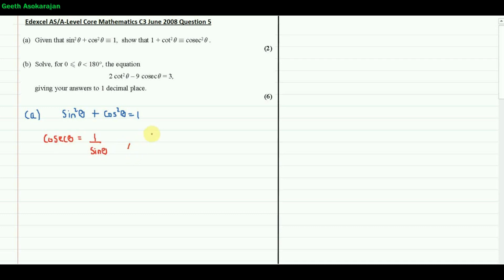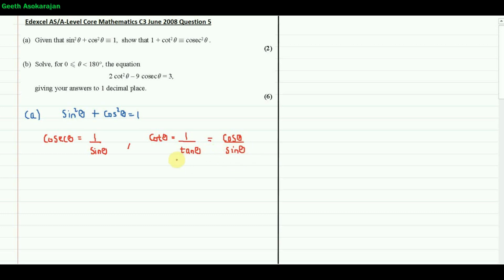And there is another ratio for cot. So cot theta is the reciprocal of tan theta, or 1 over tan theta gives us cot theta, or cot theta is cos theta over sine theta.